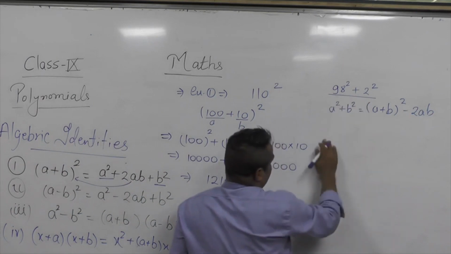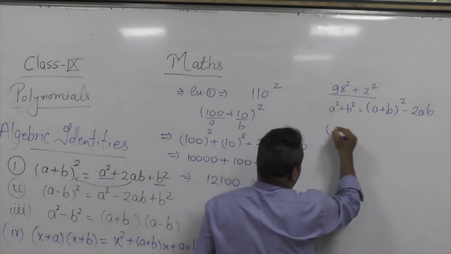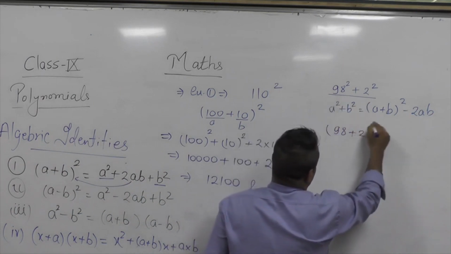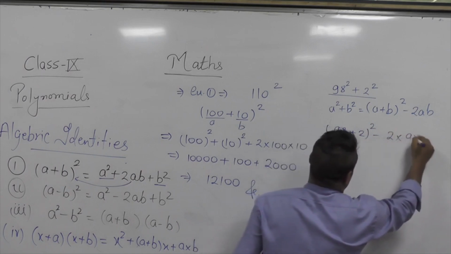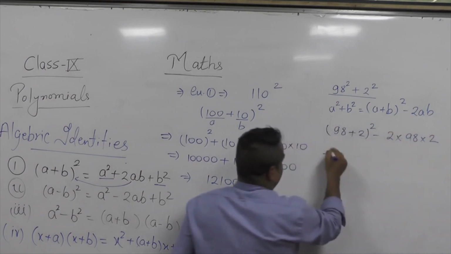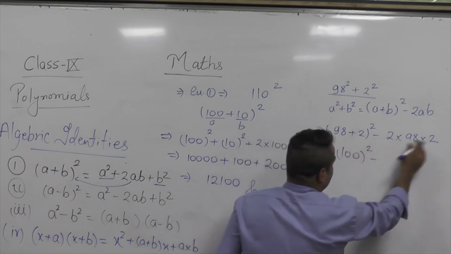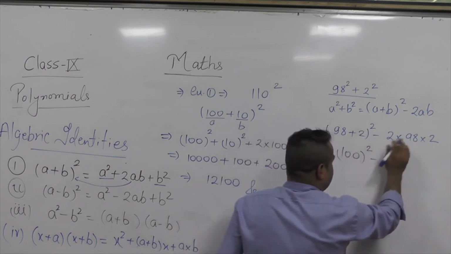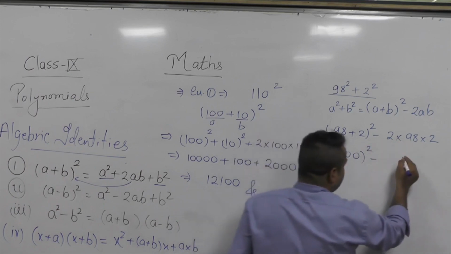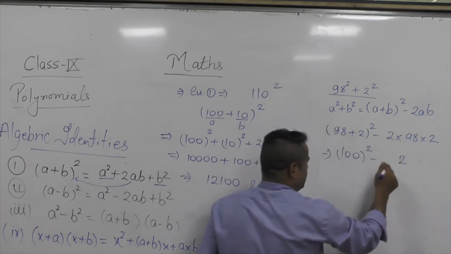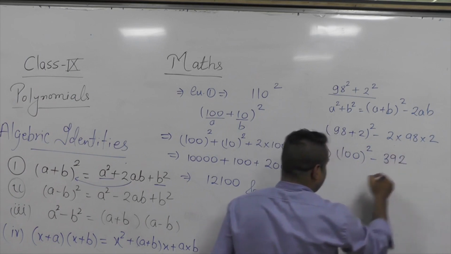So with 98 and 2, we can write 98 plus 2 whole square minus 2 into 98 into 2. 98 plus 2 is 100 square, minus 2 2s are 4, and 4 times 98: 4 8s are 32, 4 9s are 36 and 3 is 39, so 392.